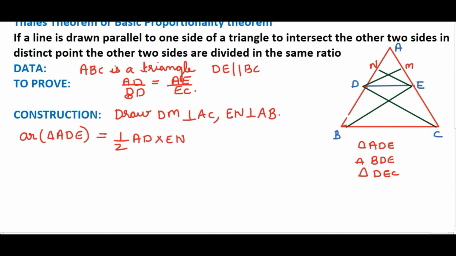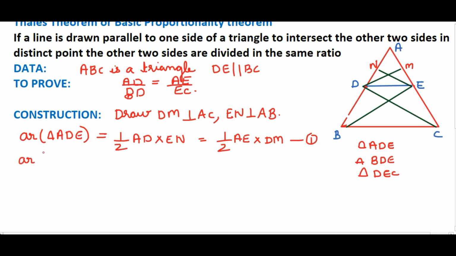So also I can write the area of this triangle ADE as half, in this case, if I am taking the base as AE, then height will be DM. So let this be equation number 1.